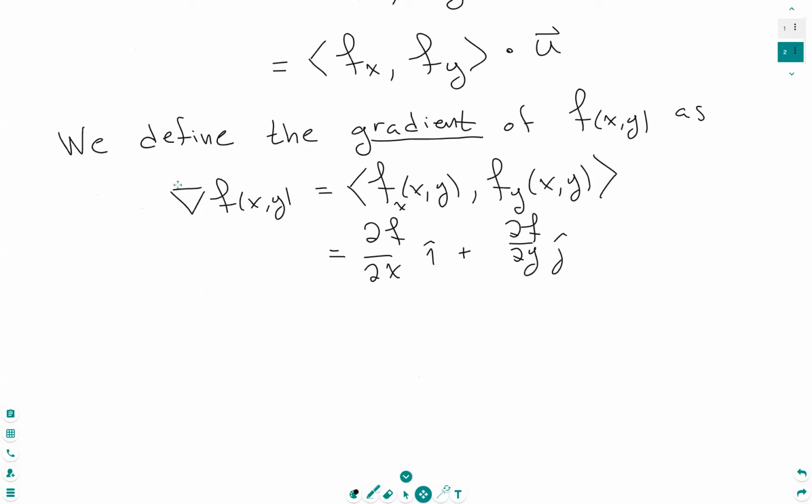So this is the first time we're going to see this operator here. It will not be the last. I believe we'll talk more about it later on. But for now, if it's just acting on a function f, this is what it does. It makes it into a vector where we take partial derivatives in each component. So you can imagine that if we had a function of more than two variables, we would extend this vector, but we would just have fx, fy, fz, and so on.